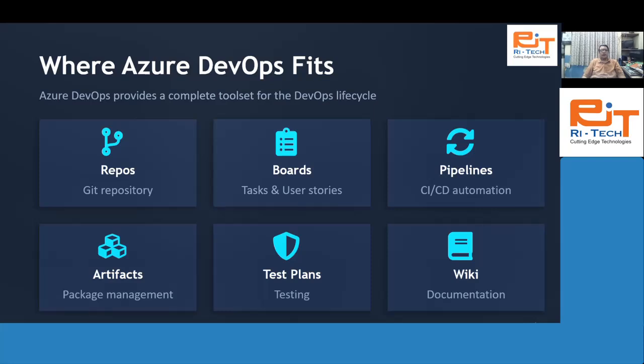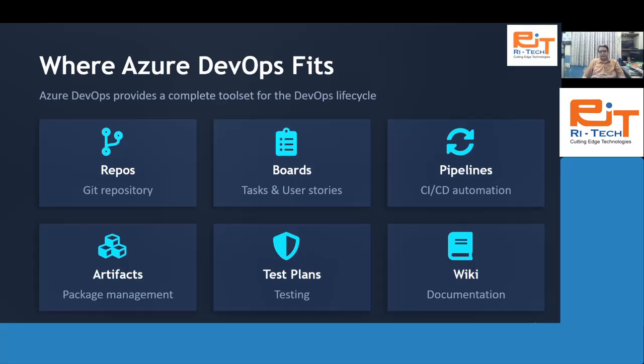Boards enable you to manage the user stories and the tasks within them. Pipelines will help you to create CI and CD pipelines. Artifacts will help you to download and install the packages from various repositories and various package managers.